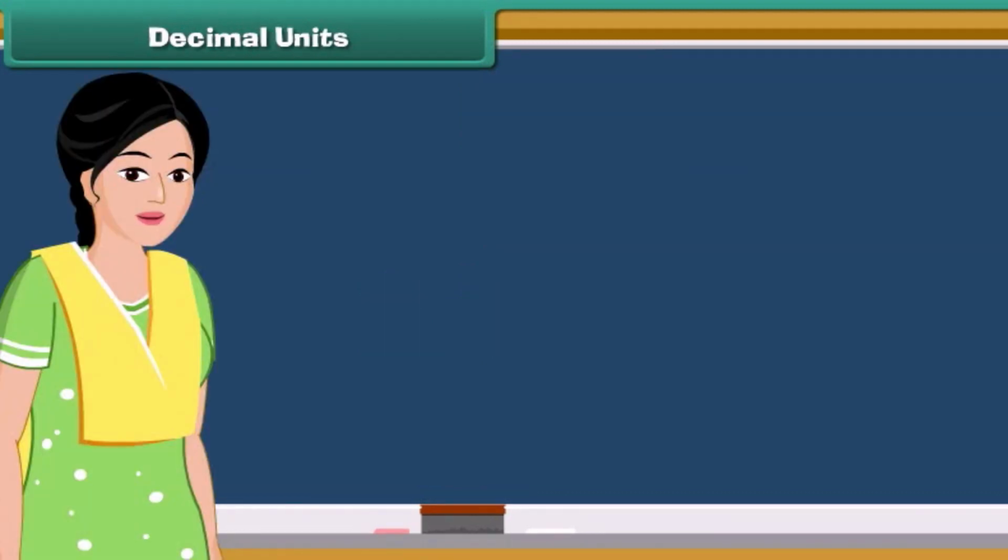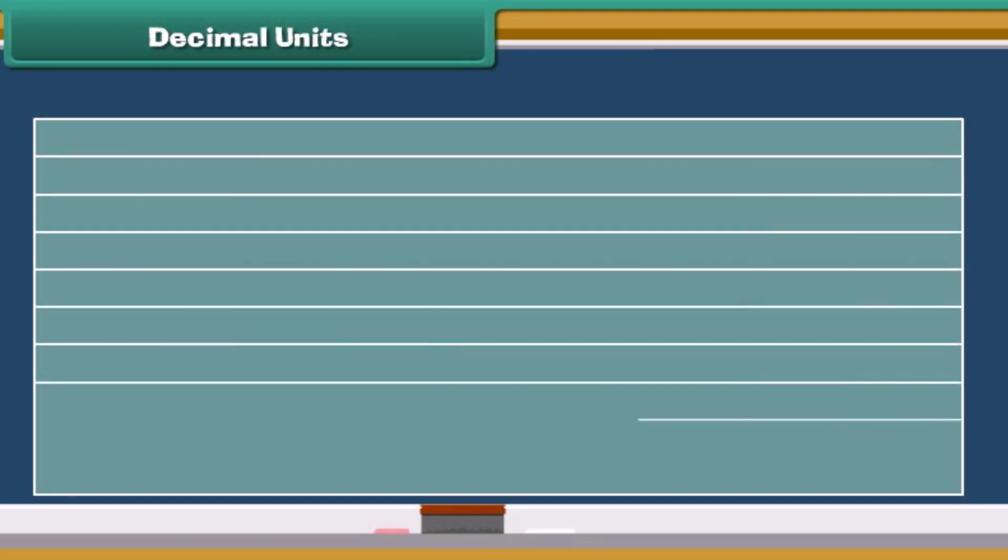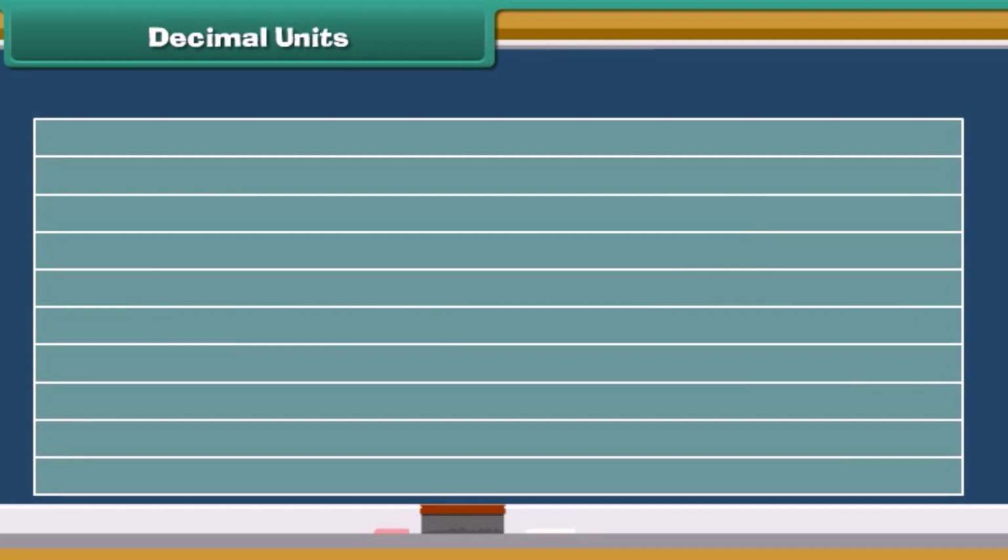To understand decimals, we need to learn about place value first. Imagine we have a rectangle that represents one whole object. If we divide it into 10 equal-sized rectangles, we will have 10 parts of 1, or we can say tenths.